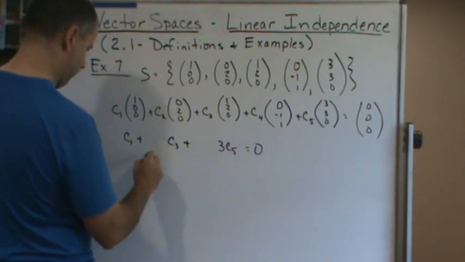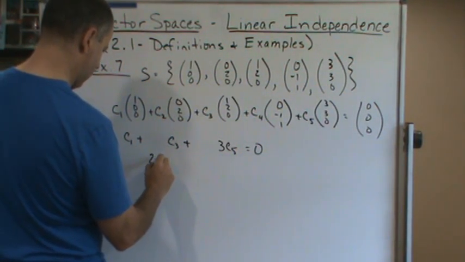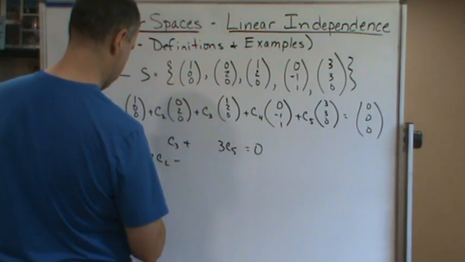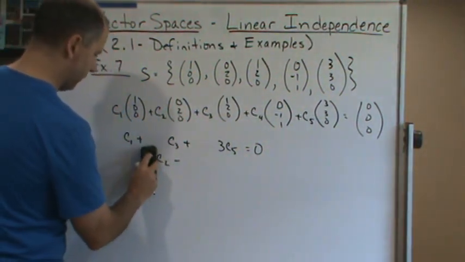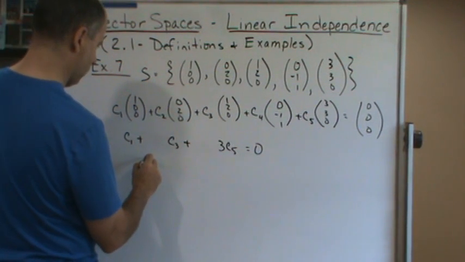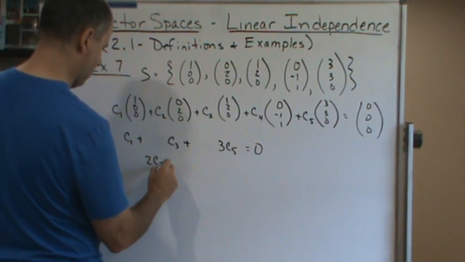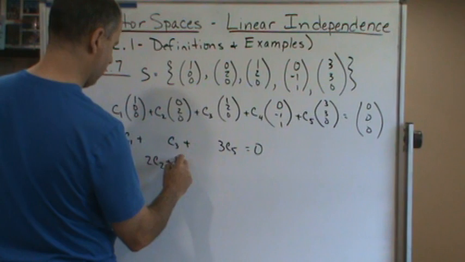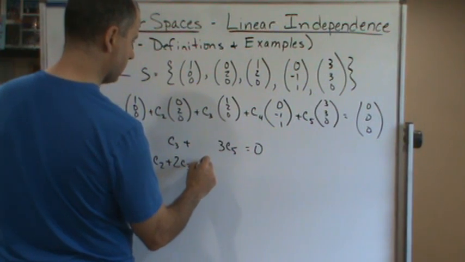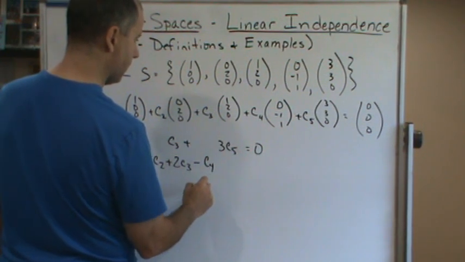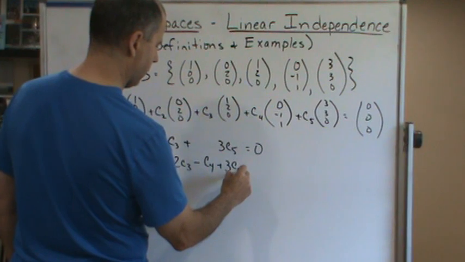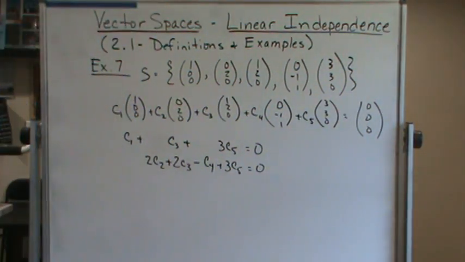The next one is going to be 2C2 plus 2C3 minus C4 plus 3C5 equals 0.